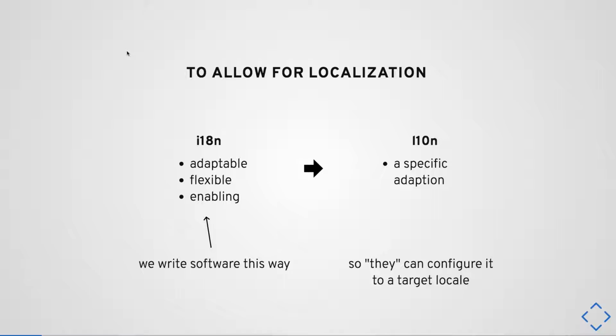So to allow for localization, we write software that's adaptable, flexible, and enabling, so they, whoever they are, not us engineers usually, can take it and adapt it to a target locale, right? A specific adoption. So your internationalization efforts will have multiple localization efforts, one for each locale that you target. That make sense?